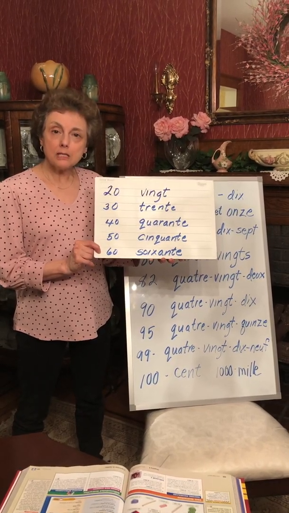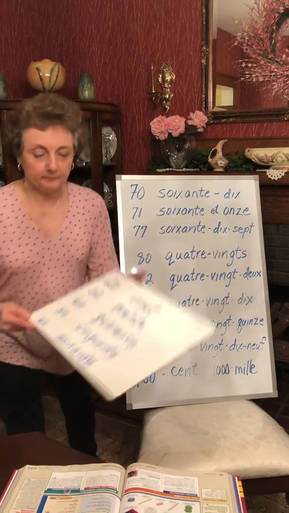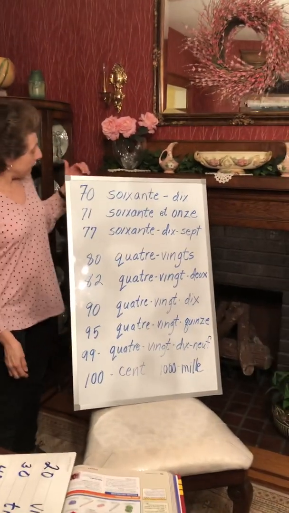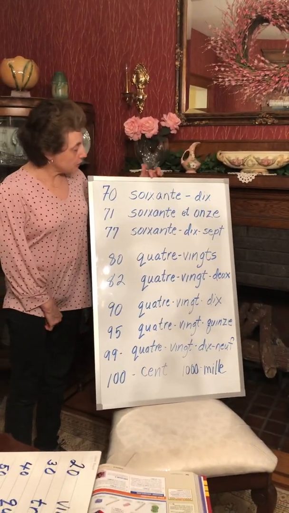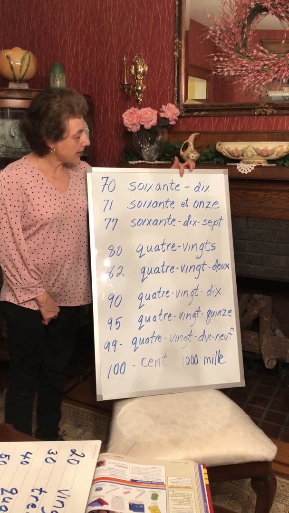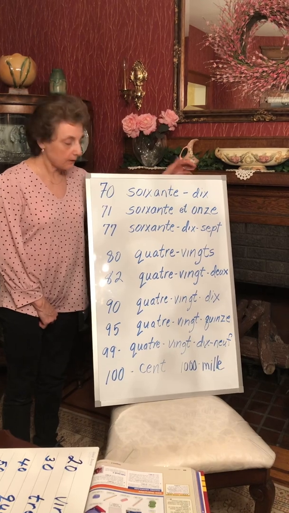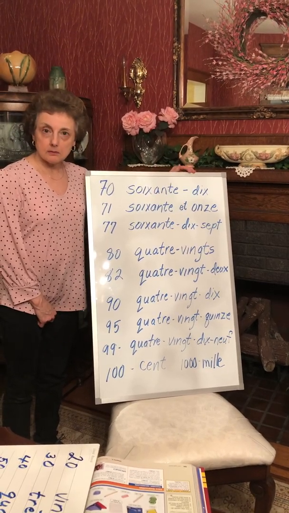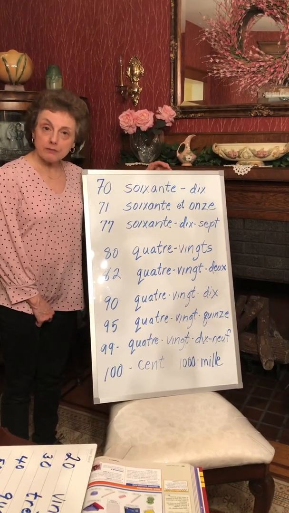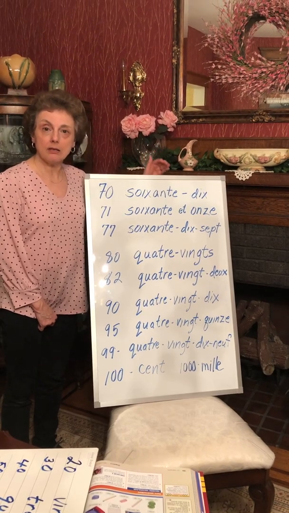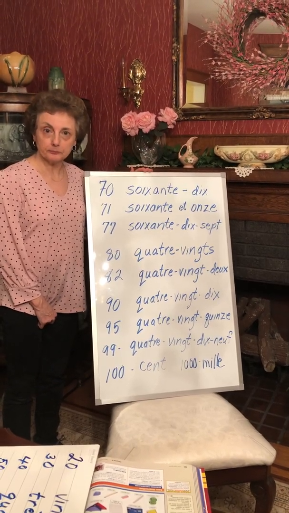After the number 69, it gets a little tricky. For 70, they use 60 plus 10. There's no special number for 70. So for the 70s, we're going to add 10 through 19.